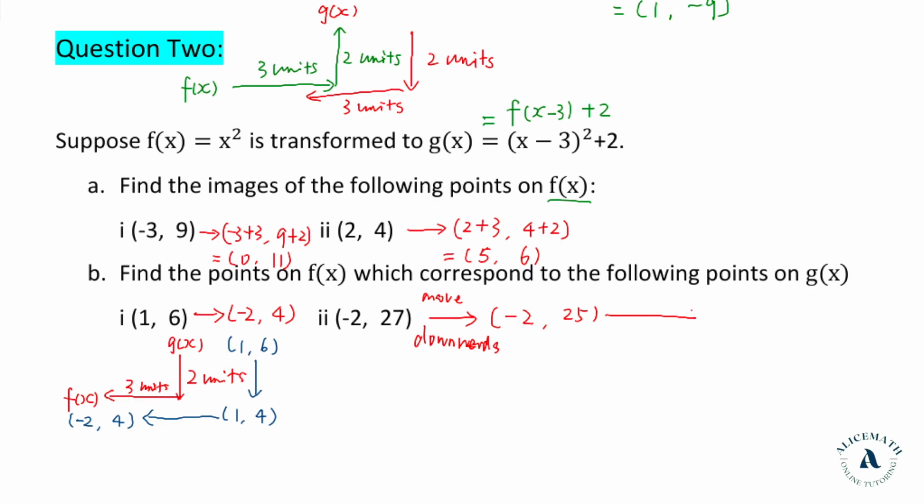Next, we need to move to the left side by 3 units, which means take away 3 from the x coordinate. It's negative 5 and 25. Okay, so this is the final result.